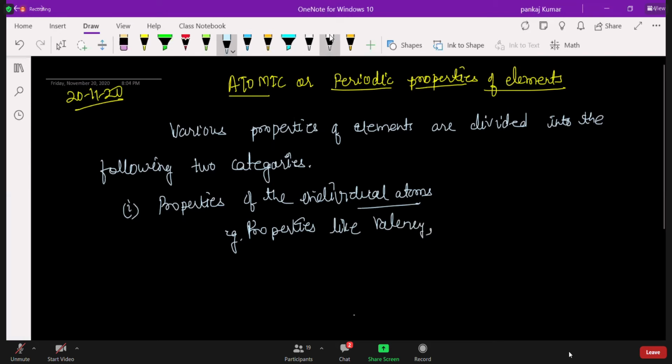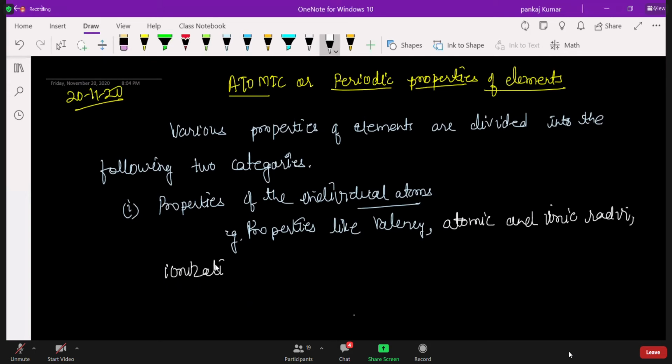The second property we can study is atomic and ionic radii. Then ionization enthalpy. Then electron gain enthalpy.